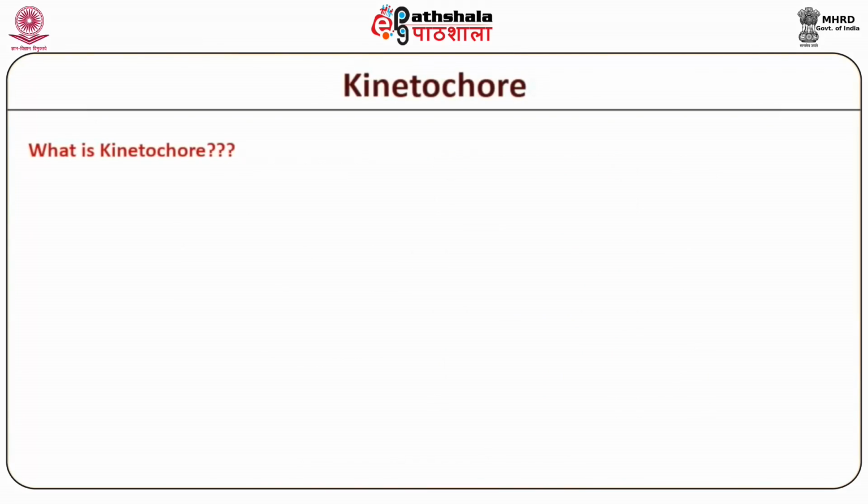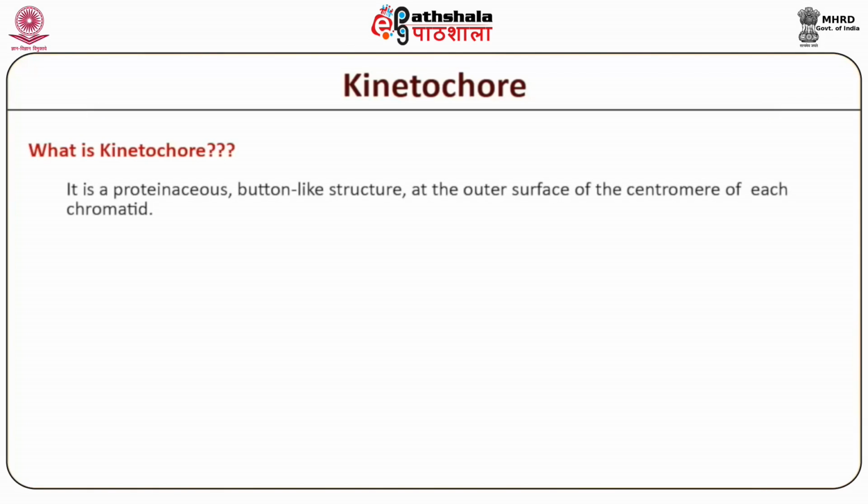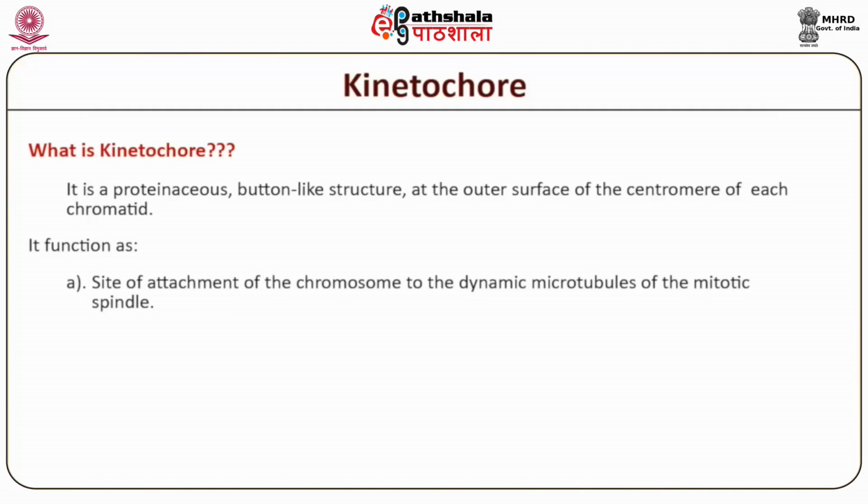Examination of sections through a mitotic chromosome reveals the presence of a proteinaceous button-like structure that is called the kinetochore. At the outer surface of the centromere of each chromatid, the kinetochore assembles at the centromere during prophase, and it serves as the site of attachment of the chromosome to the dynamic microtubules of the mitotic spindle.